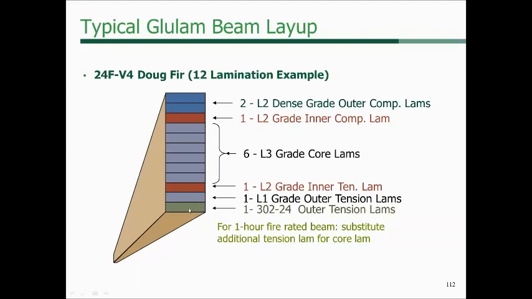In this case, we would have tension lams on the bottom. For up to 1 hour of fire resistance, you need an additional tension lam on the bottom, and from 1.5 to 2 hours, you need 2 additional tension lams on the bottom, because we are assuming that when exposed to fire, it's going to char and burn away. So we need those extra laminations to take care of the tension stresses on the bottom.